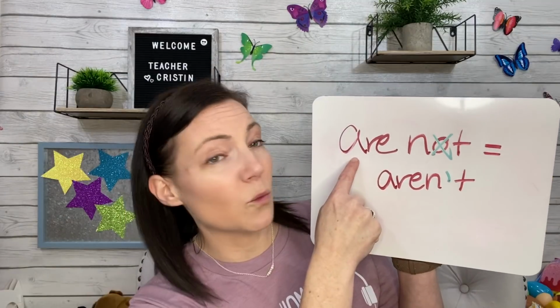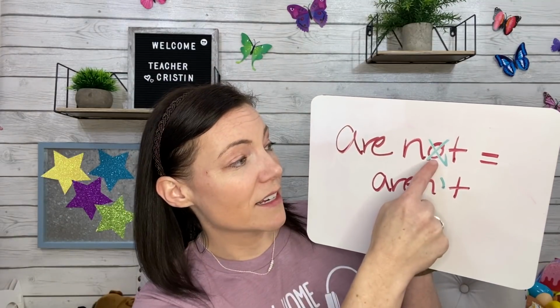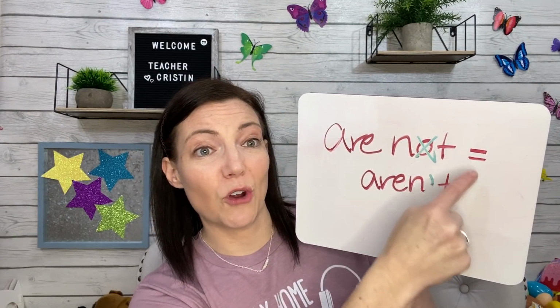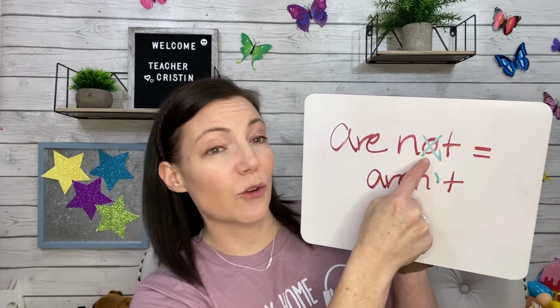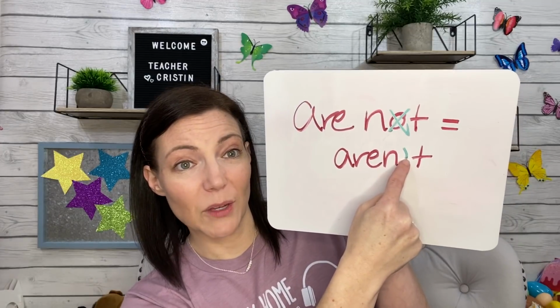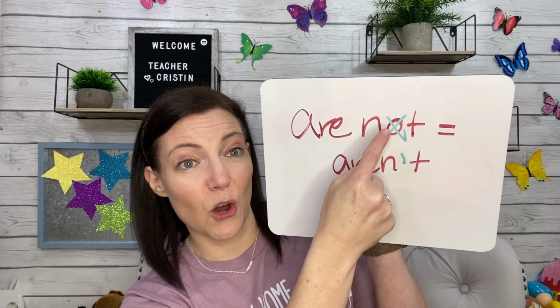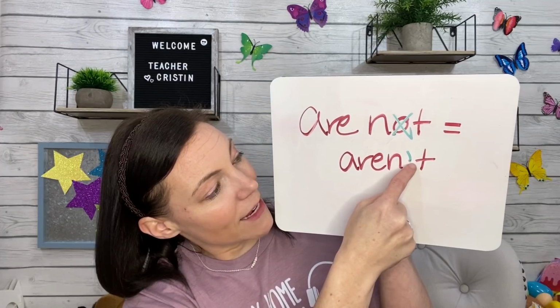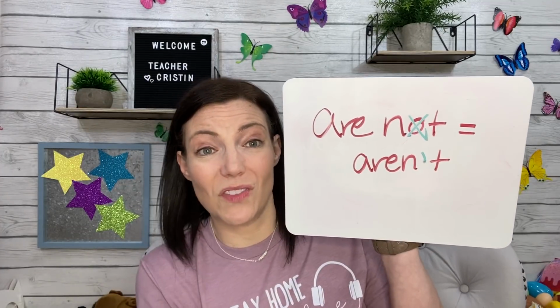So what I would do is put in one color "are not," and then use a different color to cross out the O so that they know that you're dropping that, and replacing it, same color, with the apostrophe. So the O goes away green and is replaced green with the apostrophe.